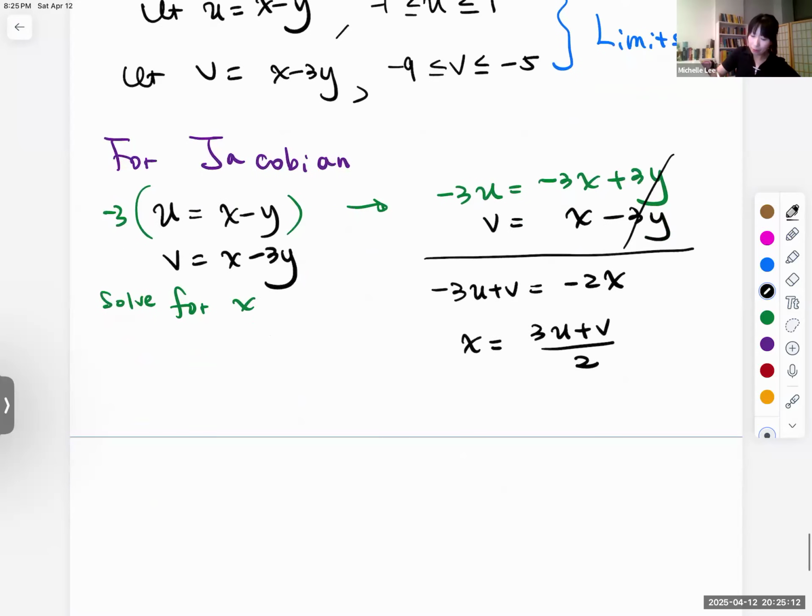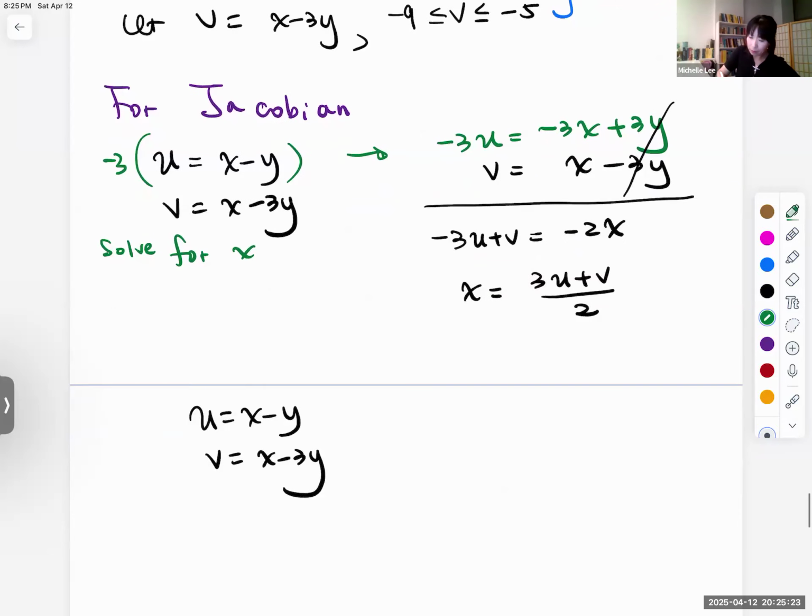Okay, now we have u equal to x minus y, v equal to x minus 3y. Solve for y in this case.